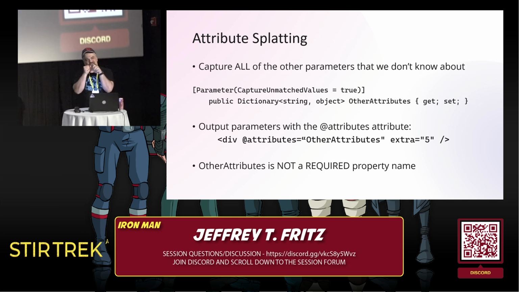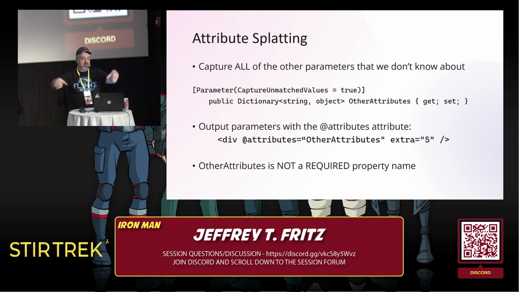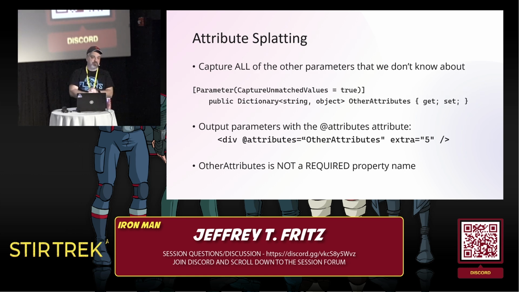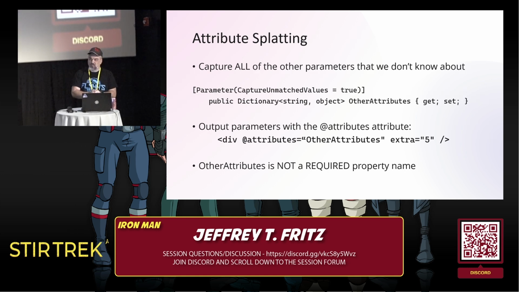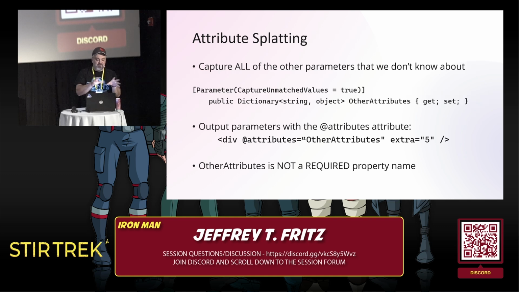And you can splat, you can kind of smear them out into another component by using the @attributes attribute. That's weird to say. Doesn't matter the name of that dictionary, the parameter with that capture unmatched values up at the top, that's the important part. And the @attributes allows you to take anything extra and kind of push those attributes onto whatever that tag is.